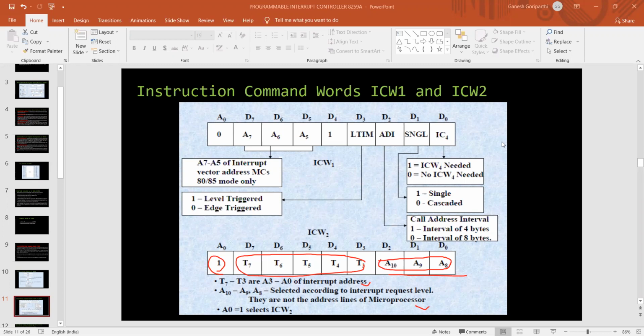We need some time interval. We first need to accept the interrupt request, process it, and resolve the priority. Then we send the interrupt request to the CPU. Then the CPU has to send the acknowledgement to the 8259. Then that has to be served.